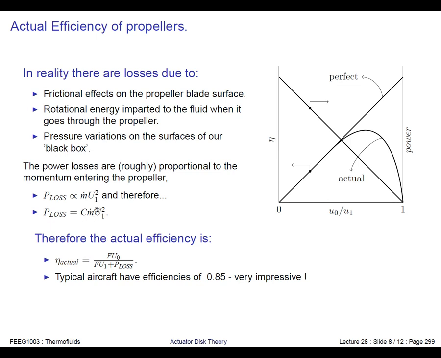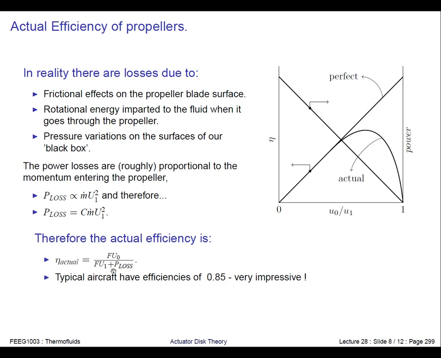If we have this kind of relationship, effectively we can transform our actual propeller efficiency into an equation that looks like this. What we've done is add the lost power onto the power we have to burn to generate this thrust at this aircraft velocity.